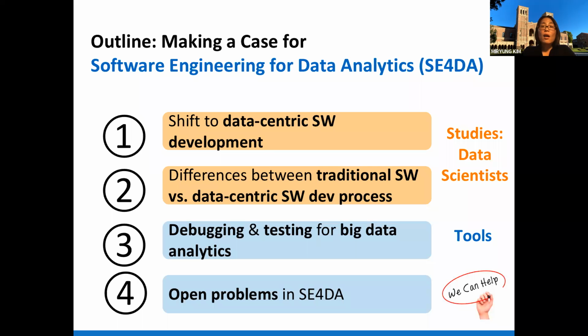We can easily carve out technical problems in software engineering for data analytics that we could work on. I will share some of my group's research at UCLA and our experience redesigning debugging and testing techniques for big data analytics applications. Then I will conclude by sketching some open problems and research directions for us to work together to push this field further.